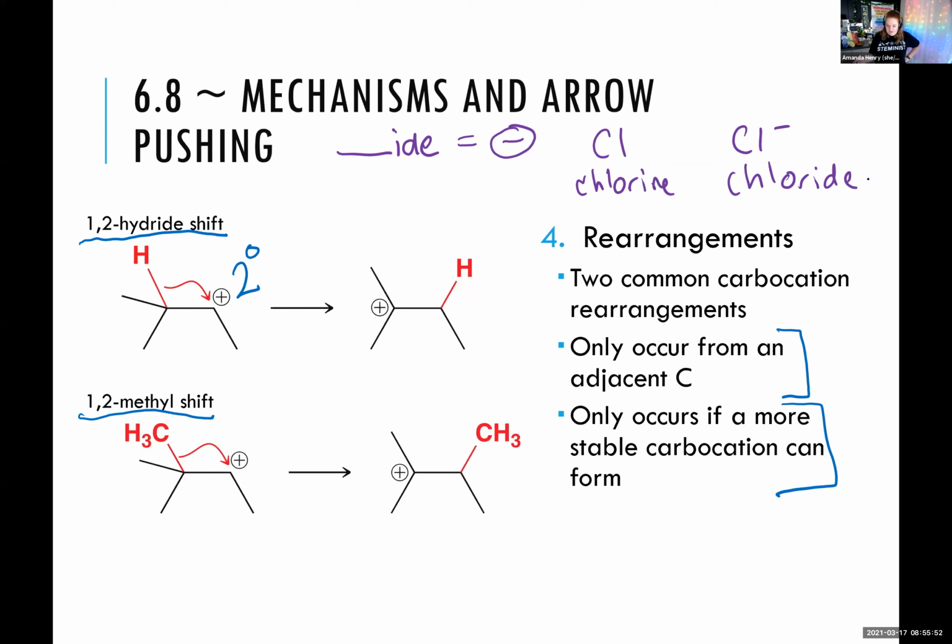So a hydride means that it's a negatively charged hydrogen, which is weird. That's not a normal thing for us. But the reason we're referring to it as a hydride is because of where that arrow is coming from. Notice that the arrow is starting at that bond. So that means the hydrogen is moving over, but it's taking its electrons with it. It's moving over as a negatively charged atom, or negatively charged ion.